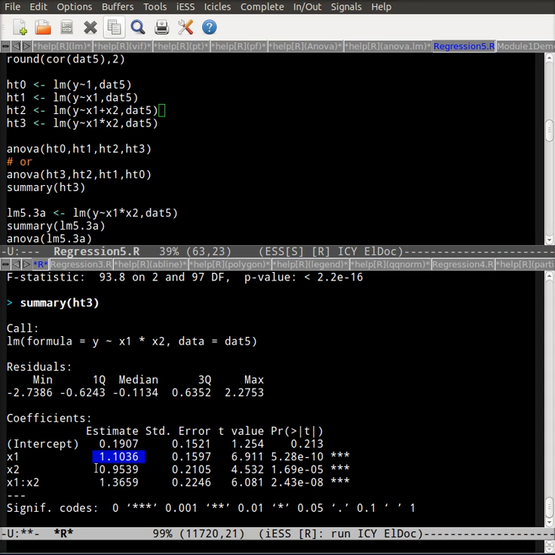Similarly, x2 has a b for y when x1 equals 0. And so therefore these are conditional regression parameter estimates. And these conditional regression parameter estimates become exceedingly difficult to interpret unless the metric of each one of these predictor variables has 0 in the range.